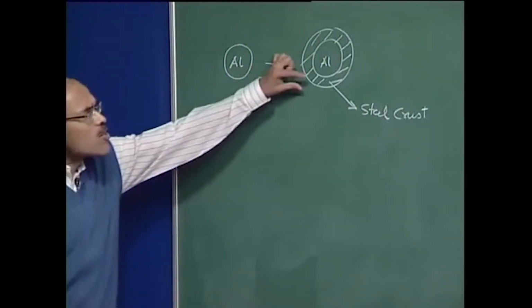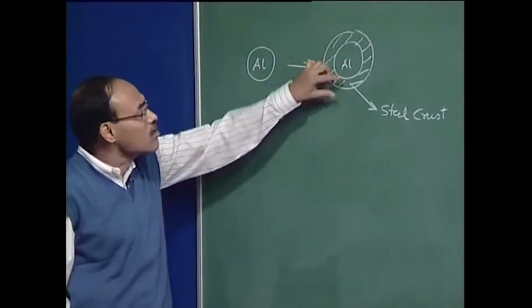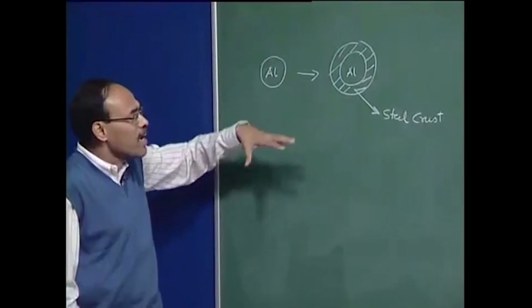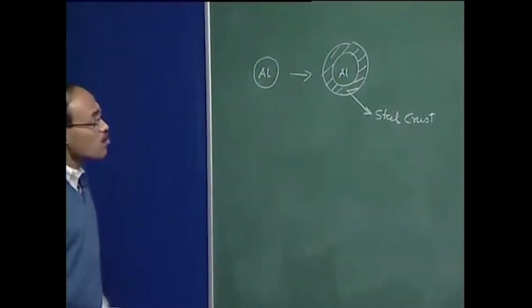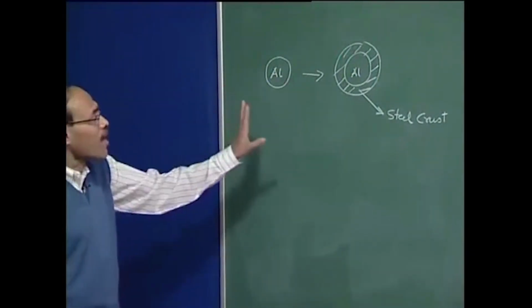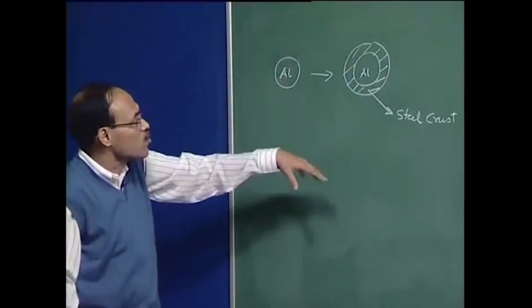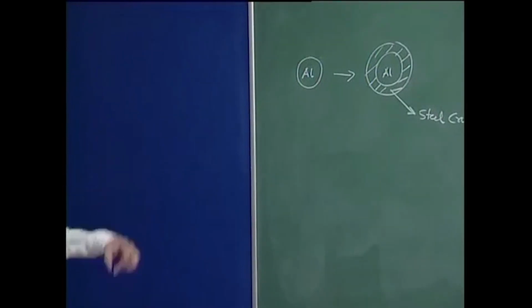Now, what sort of thickness of crust is going to form? That will depend on the bath temperature, the size of the addition, its specific heat, and a lot of other physical properties. But nevertheless, it is a well-known fact that when a cold solid, like aluminum, is projected into a hot bath like steel, we are going to have a steel crust around the solid.